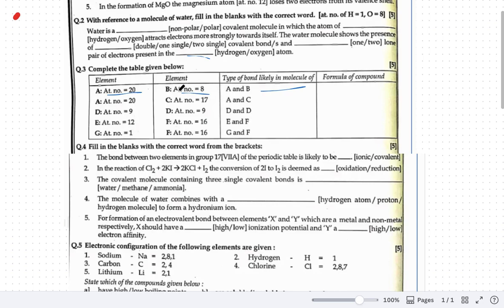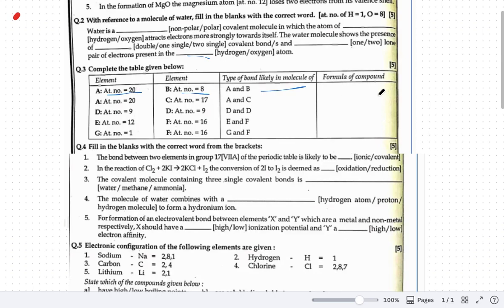Now we can see one thing very clearly: out of these two, A is a metal and B is a non-metal, because B has a valency of -2 and A has a valency of +2.